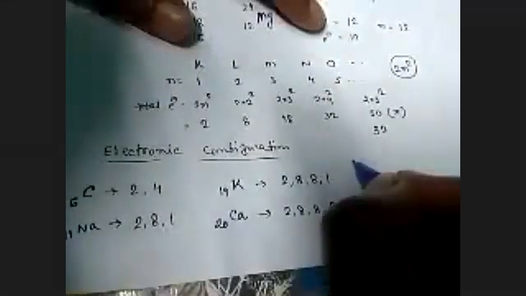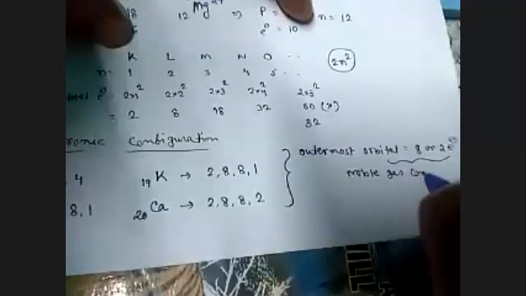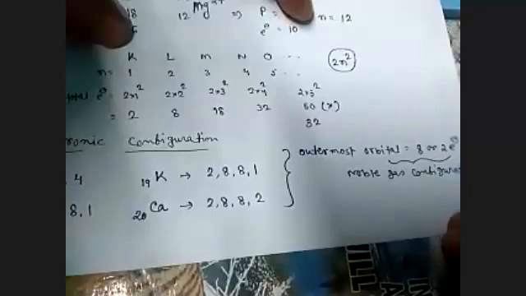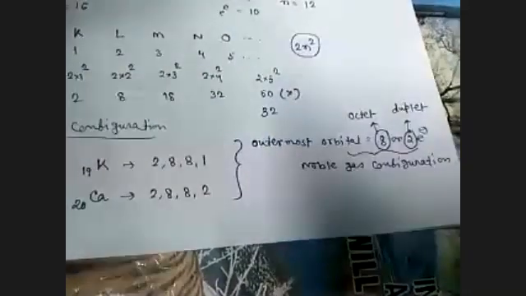If the outermost orbital contains 8 or 2 electrons, then this is the noble gas configuration. 8 electrons means octet, and 2 electrons means duplet. Duplet is fulfilled by helium.